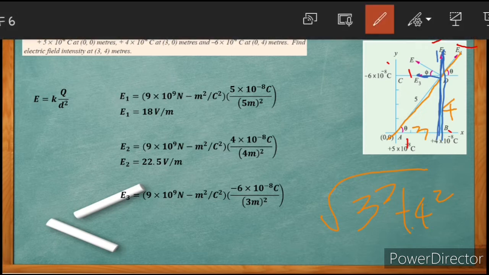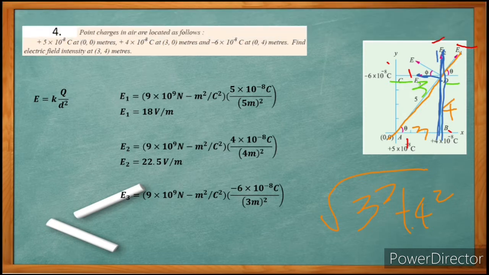Why? Because the distance between D and C is 3 meters. So for electric intensity 3, we have negative 60 volts per meter.